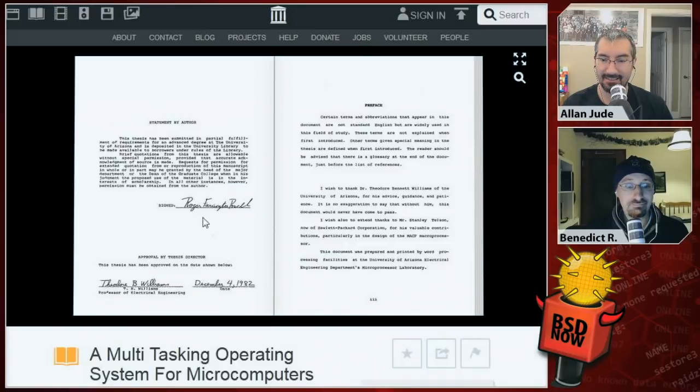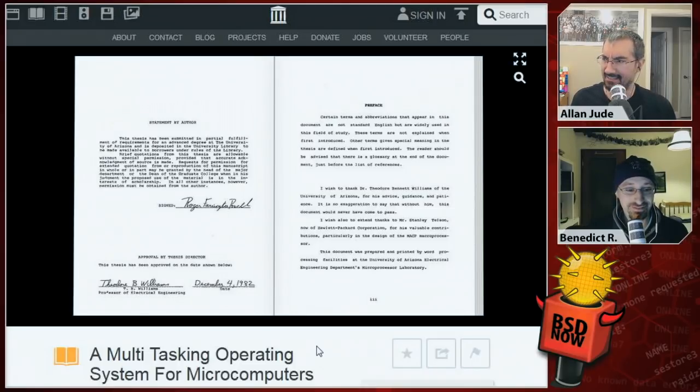Next was this article I found. Somebody scanned some old documents for archive.org, and they found the thesis describing Quad 3, a Unix-like multitasking operating system for the 6502 processor. If you don't know, that's like the processor in the classic Nintendo, the first Nintendo, the Famicom or whatever.